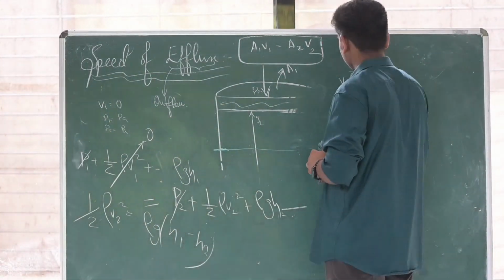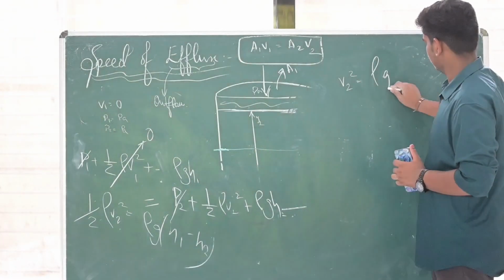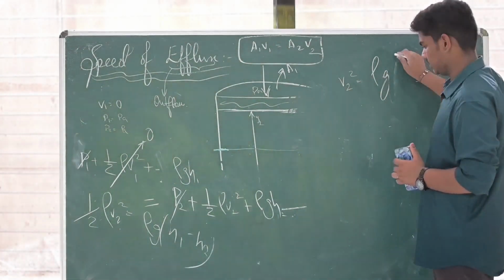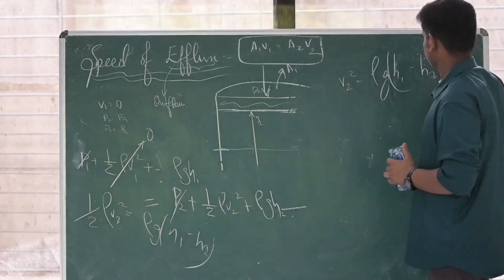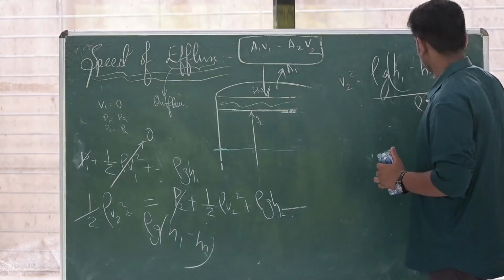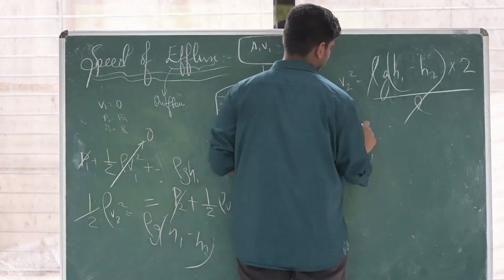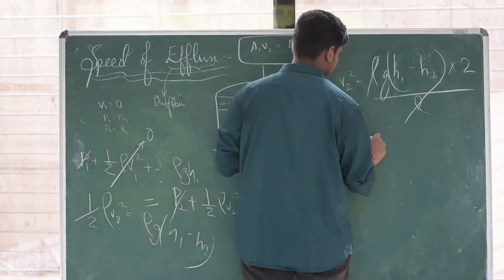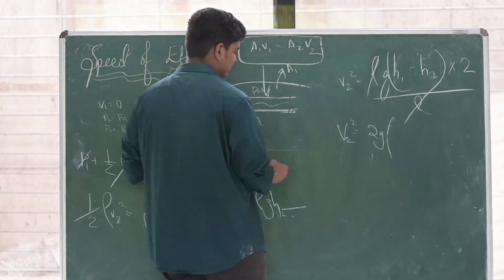Now, what will be the velocity V2? V2 square is equal to rho G into H1 minus H2 into 2 by rho. So, V2 square is equal to 2G into H1 minus H2.